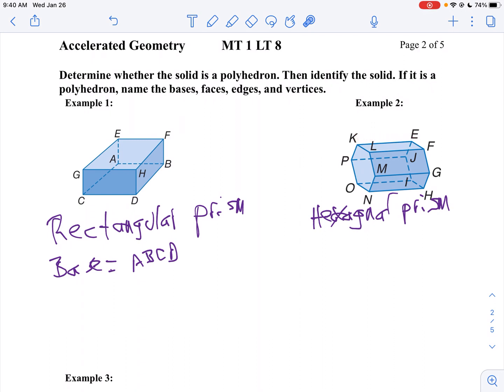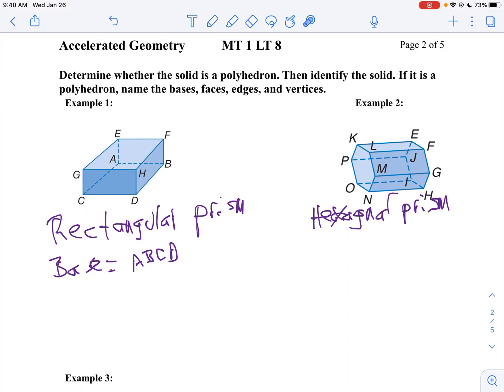So KE, LF, PJ, MG, NH, and OI. And then don't forget our edges along the top and bottom. There's a lot of them, isn't there?